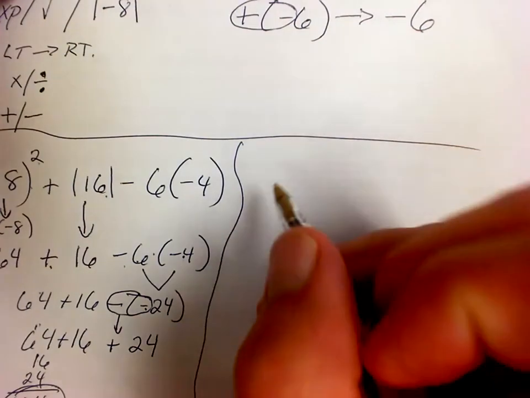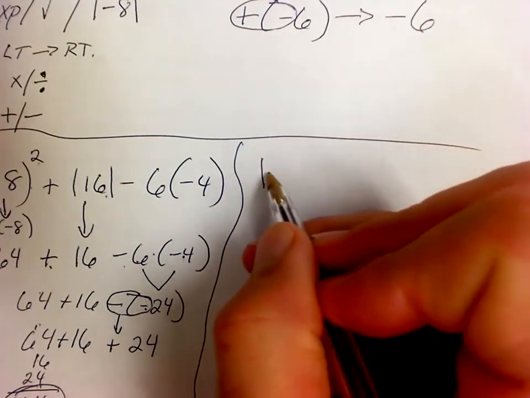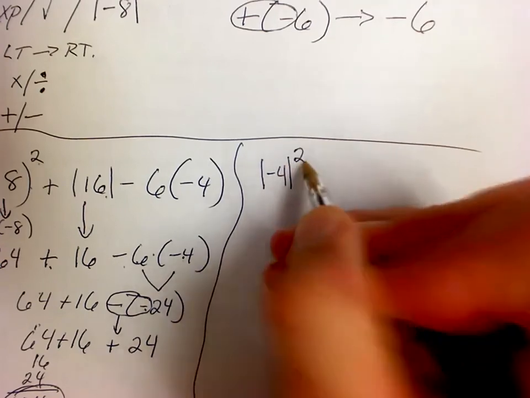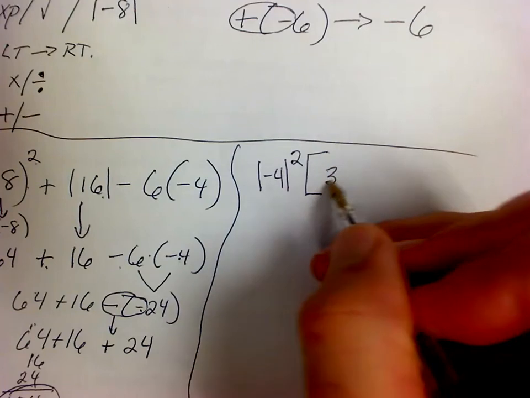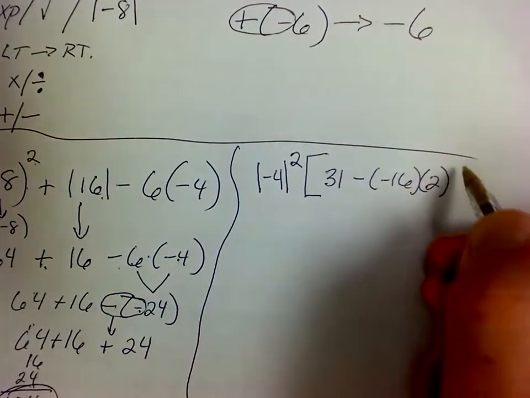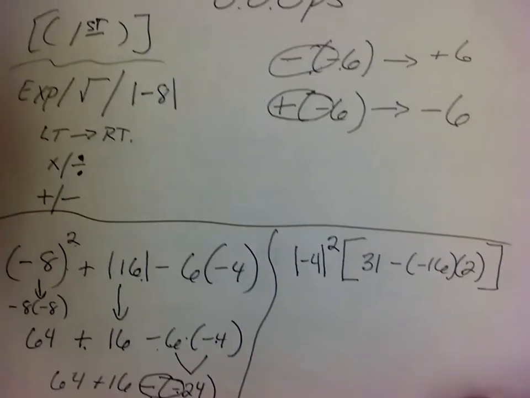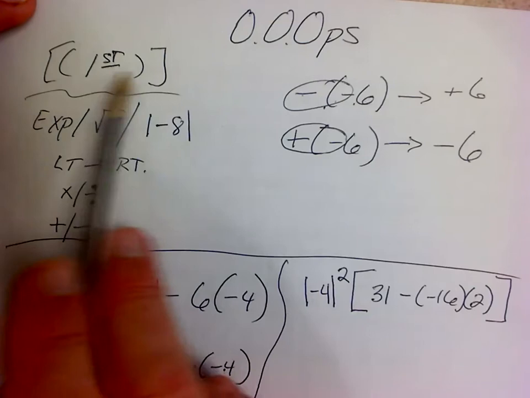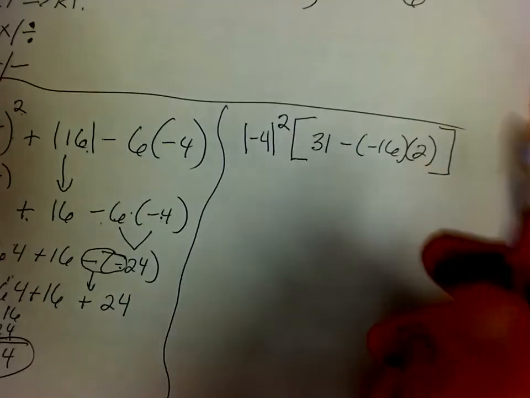We should do a bracket problem. So we'll go: the absolute value of negative 4, squared, and then inside our brackets 31 minus negative 16 times 2. Based on our rules, we want to clean up any parentheses and brackets first. So we're going to start inside.